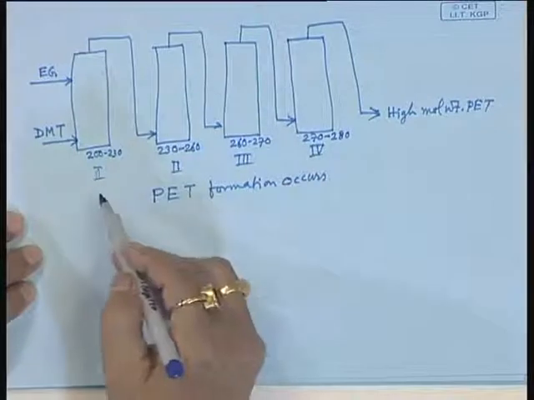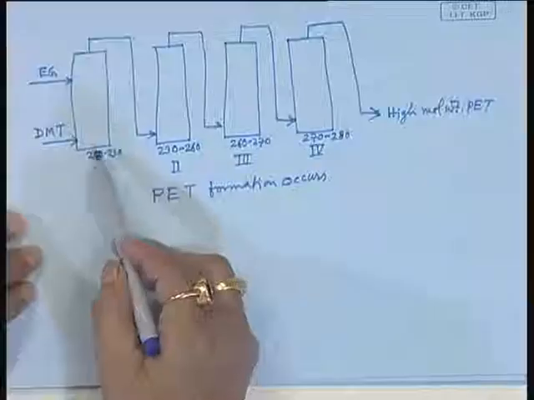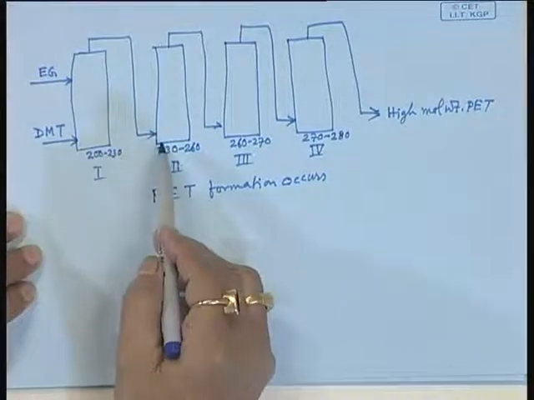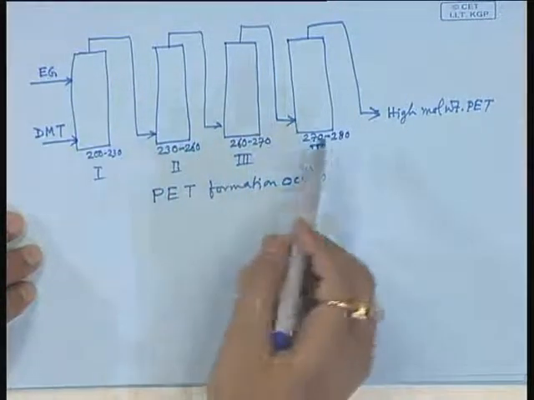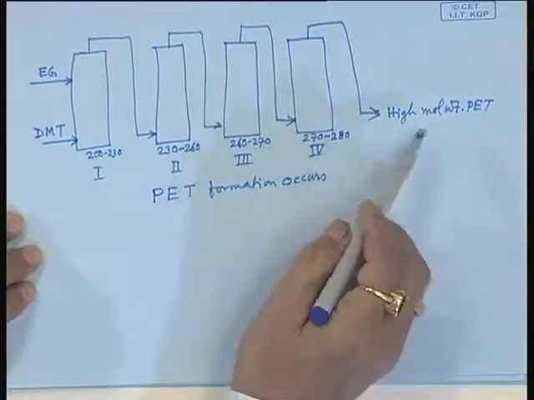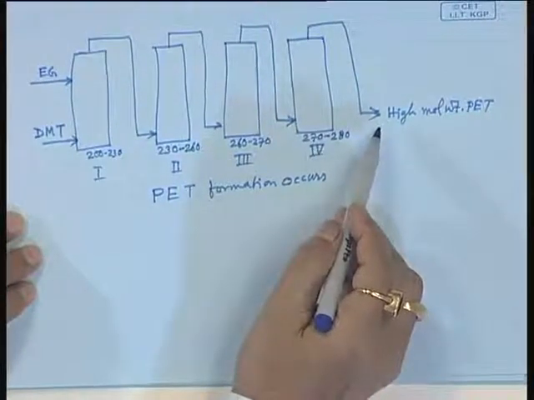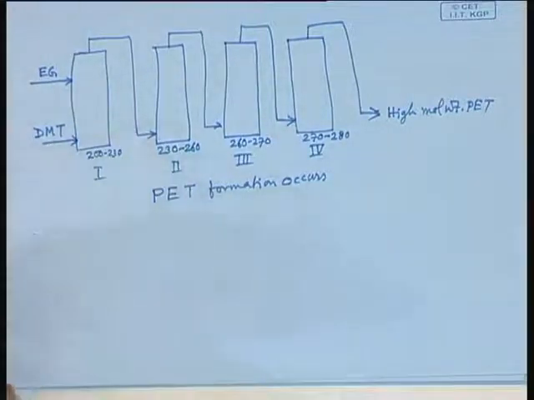Because I told you, with the growth of size their melting point changes. So, the first reactor may be kept at lower temperature, then the next one at a little higher temperature. This way finally, we get high molecular weight product from the last reactor, then it can pass through other subsequent units. Here you see.